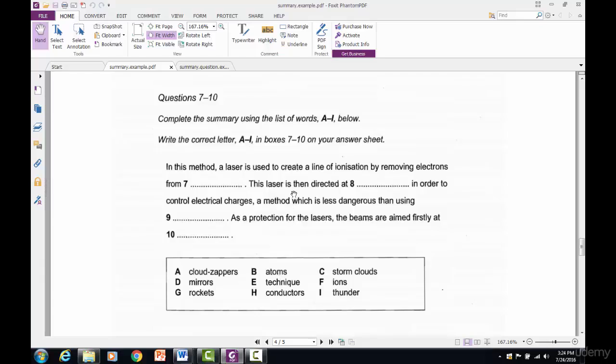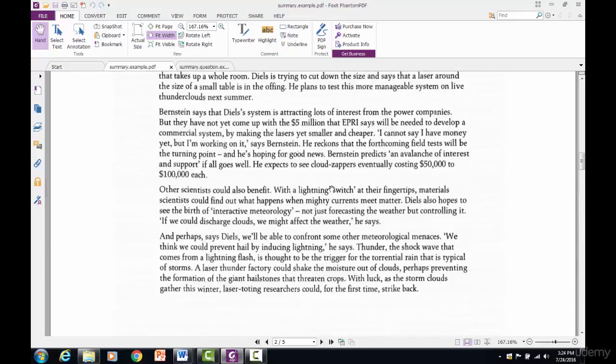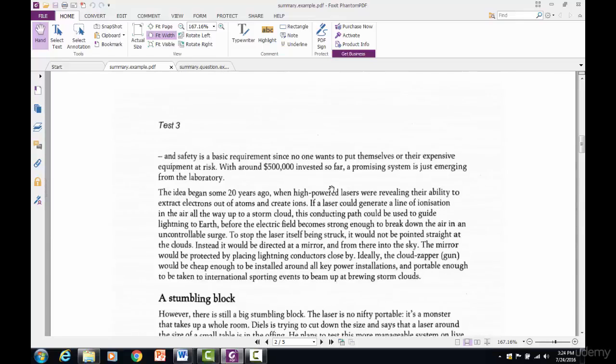we're looking at the laser is then directed at. Right? Directed is like pointed towards. That's what the word directed means. The laser is then directed at in order to control electrical charges. So what is the laser directed at? All right.